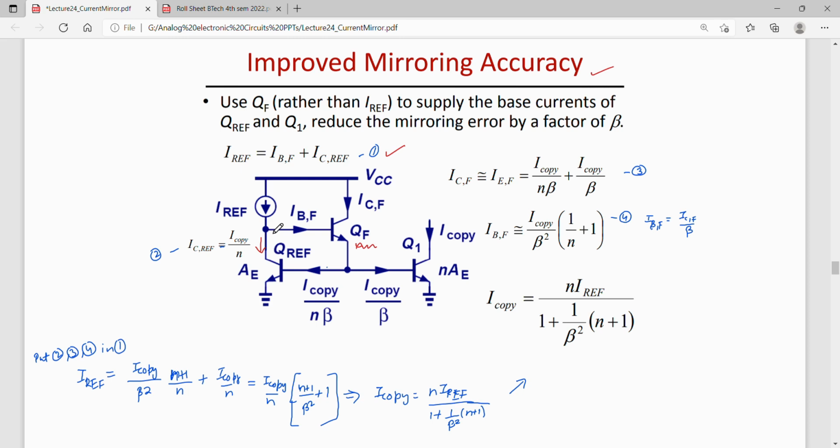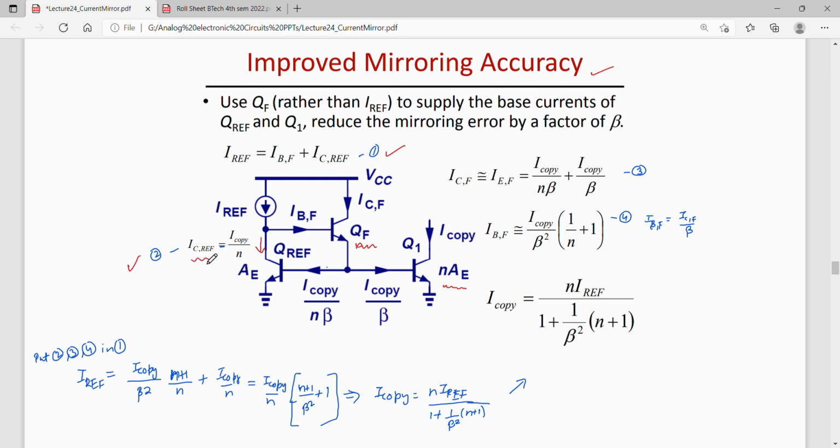Okay, and since this is N times AE, that means I copy should be equal to N times IC ref. So I can write this relation also as equation 2, that is I copy is N times IC ref.